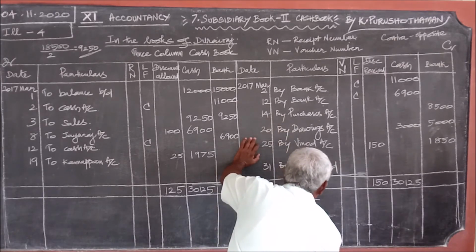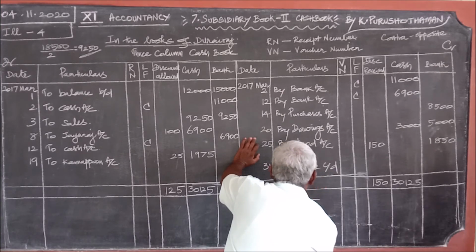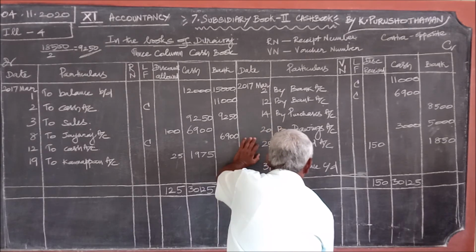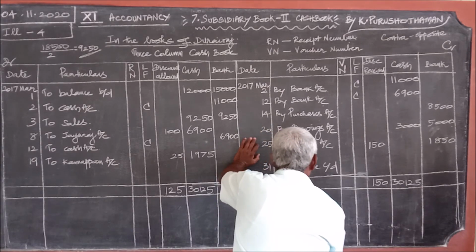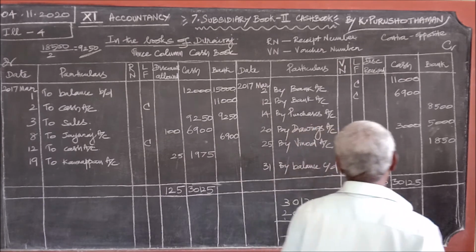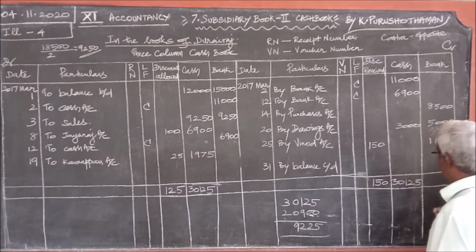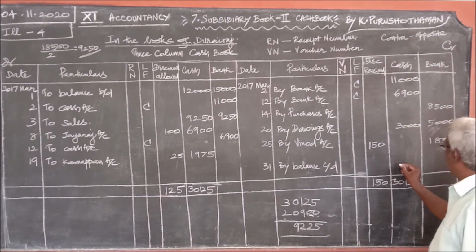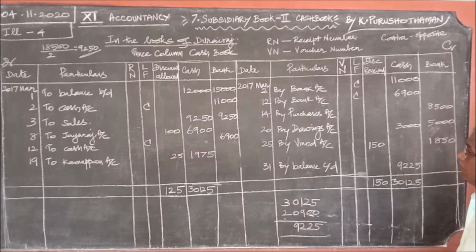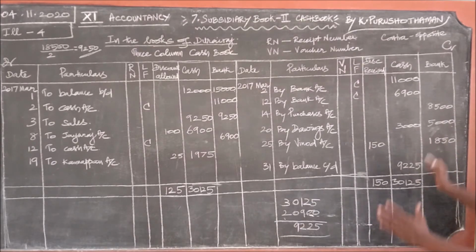What is the balancing figure? 30,125 minus 20,900, that is 9,225. Here we can write the balance 9,225. Right. We have attended to the cash columns on both sides.